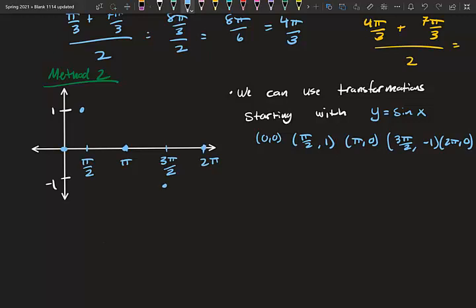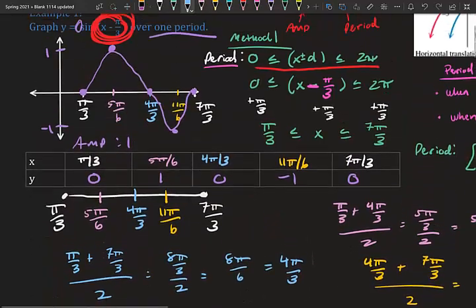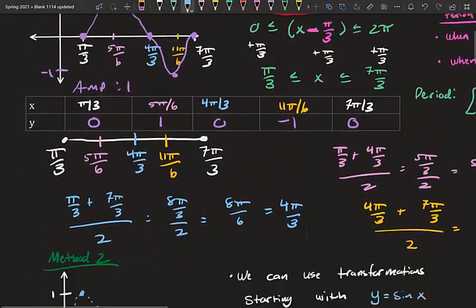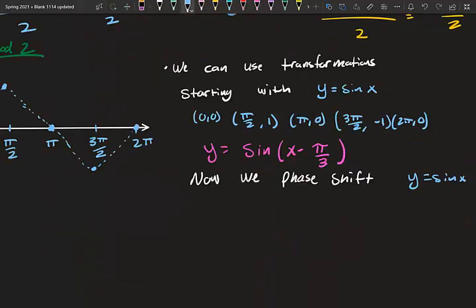I'm going to use little dashes to represent this graph, so we can really look at the difference. We change the way the graph looks just so we can figure out what it looks like, because we're just comparing it. Now we're going to graph the actual question itself, y equals sine x minus pi over 3.